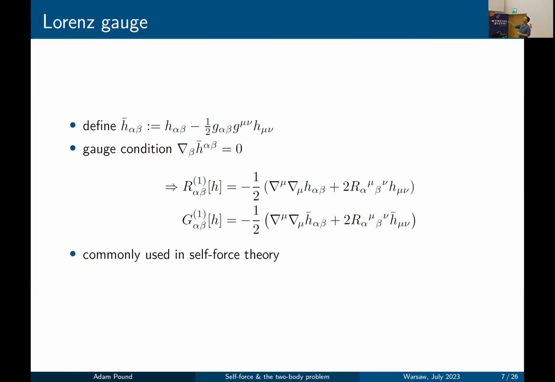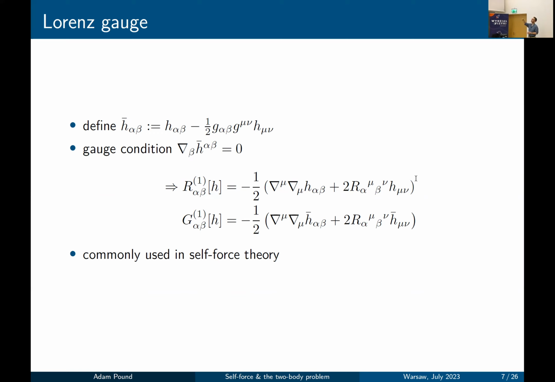Now, if you impose that, then the linearized Ricci tensor becomes very simple. It's just this D'Alembert of the background plus a curvature term. And the relationship between Ricci tensor and the Einstein tensor is also very simple. Sorry, here I'm restricting to a vacuum background, whereas previous slides I had allowed for a stress energy.